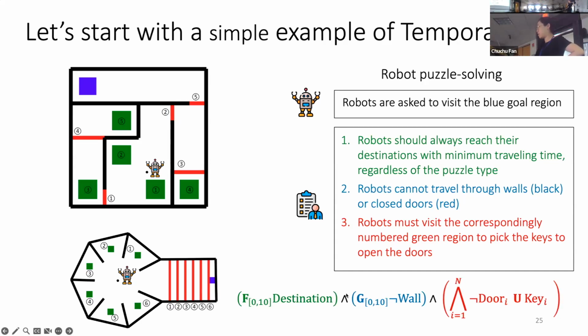At the bottom here, I'm not going to show you all the syntax of temporal logic, and you don't have to read it. My point is that it's a very concise but precise way to describe all these requirements. They are high-level requirements: you get to your destination, you cannot travel across the wall, and you cannot open the door until you find out where the key is. And they precisely reflect all the requirements I have here.